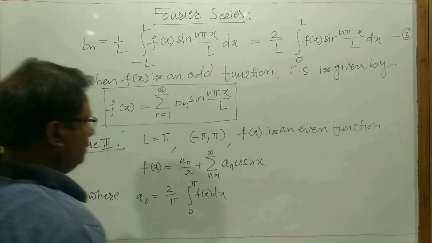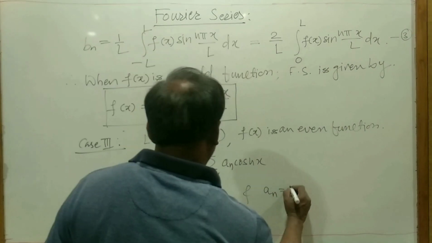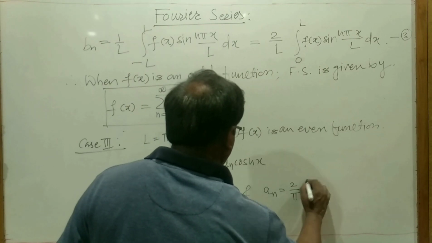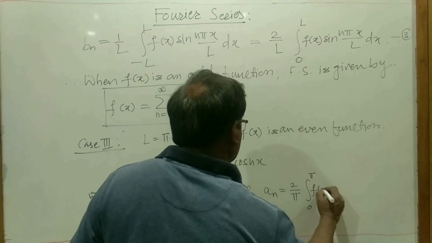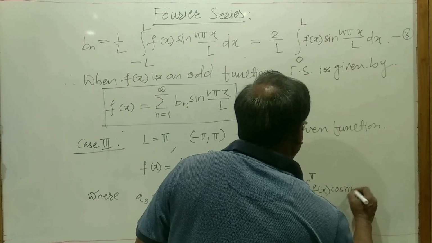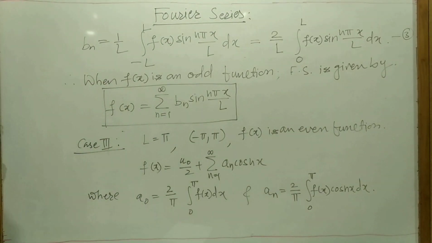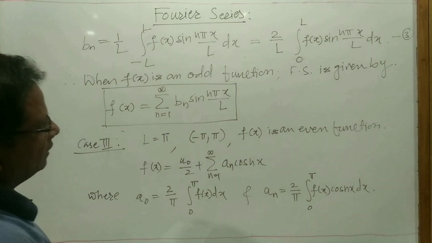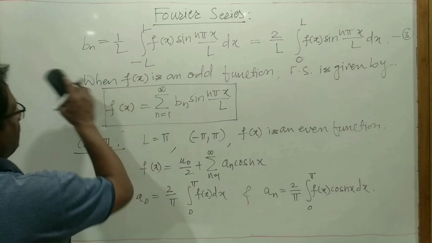Okay, and an is given by 2 upon pi integral 0 to pi f of x cos nx dx. So this is the case where f of x is an even function and the interval is minus pi to plus pi.